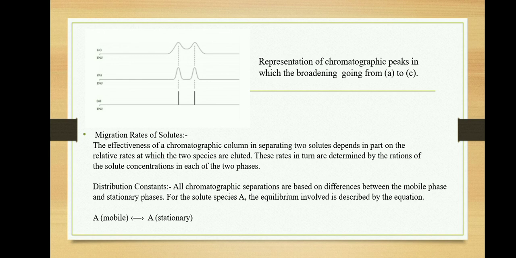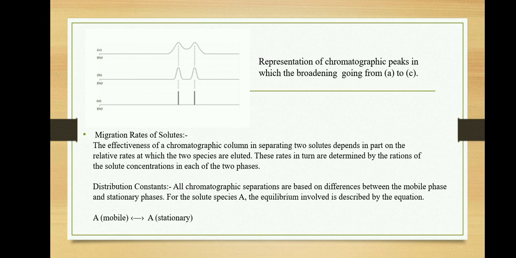The effectiveness of chromatographic separation depends in part on the relative rate of solute migration. This depends on how the solutes distribute themselves between the stationary phase and the mobile phase. We often talk about an equilibrium between the analyte in the stationary phase and the analyte in the mobile phase.